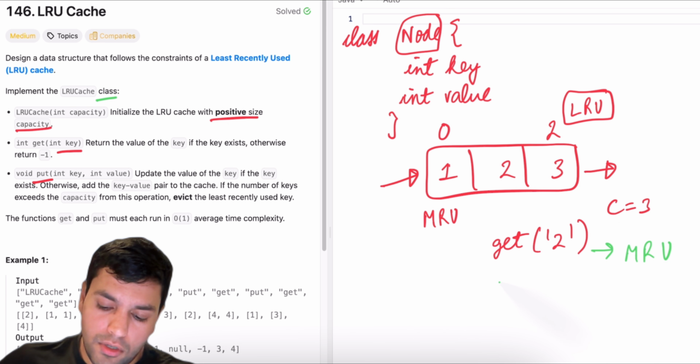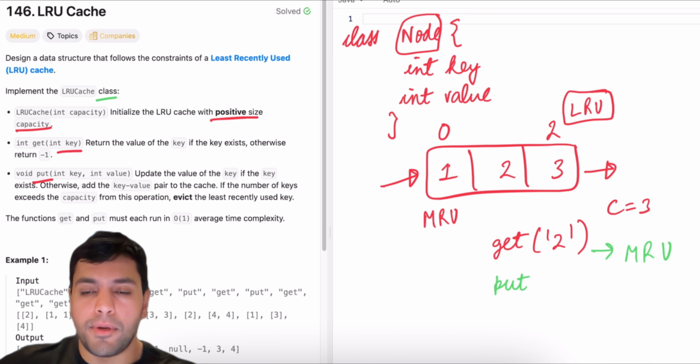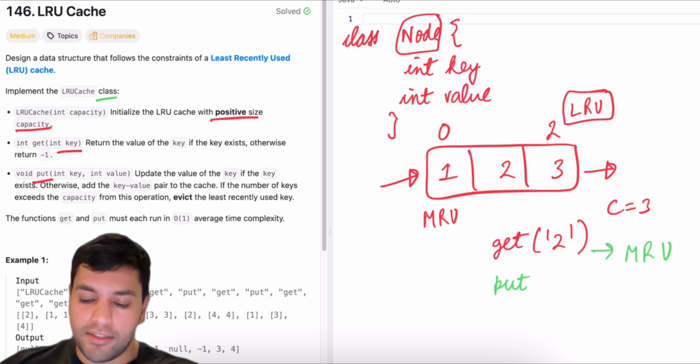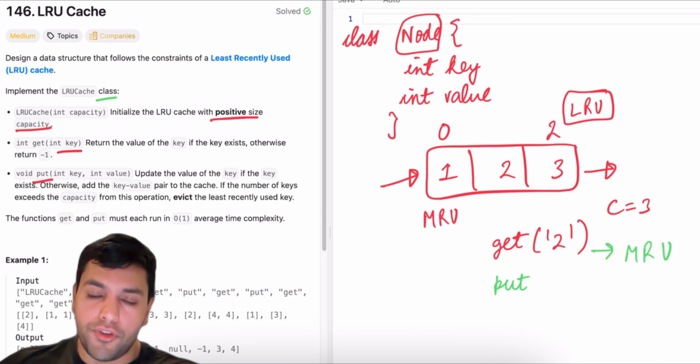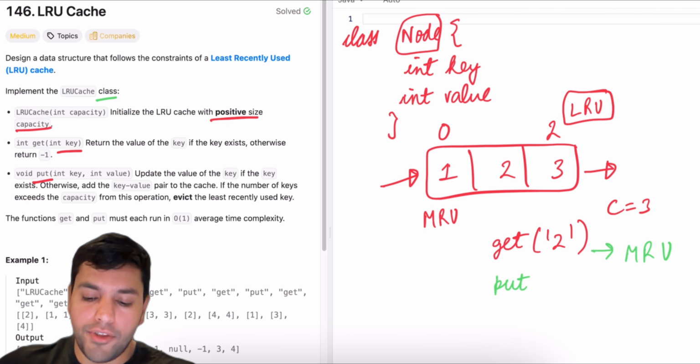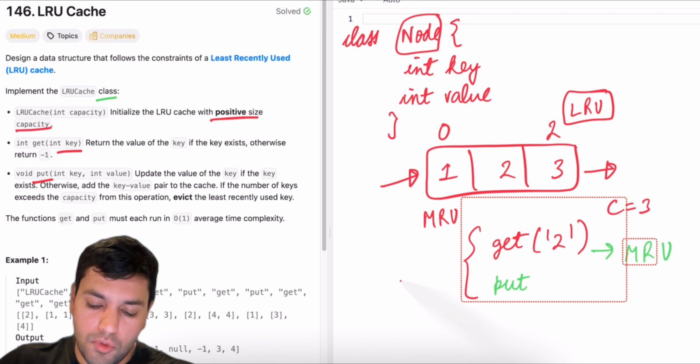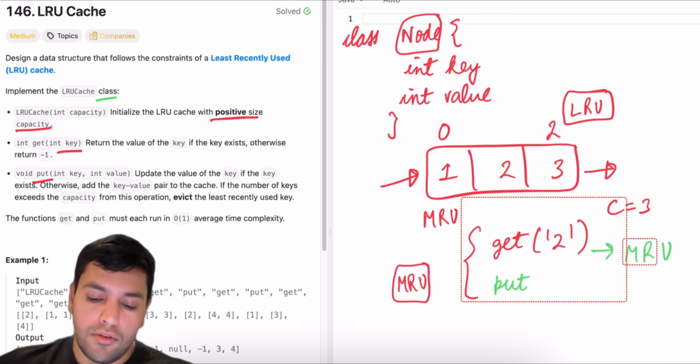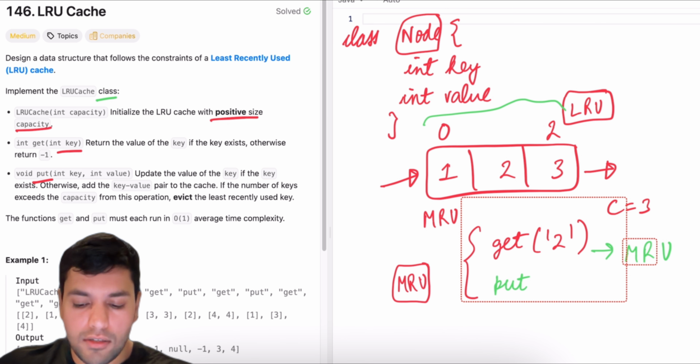And when we do a put call, we can update an existing value for a key, or we can insert a new key value pair. Whenever we are doing get and put operations, these operations are going to make that key the most recently used, and we have to remove that key from our data structure and move it to the front of the array.